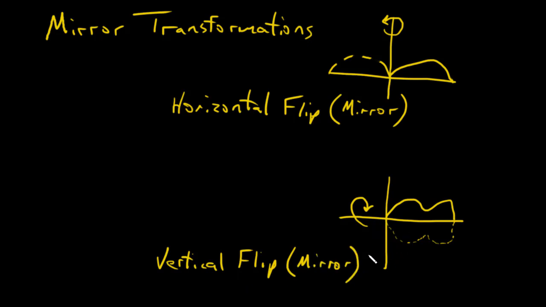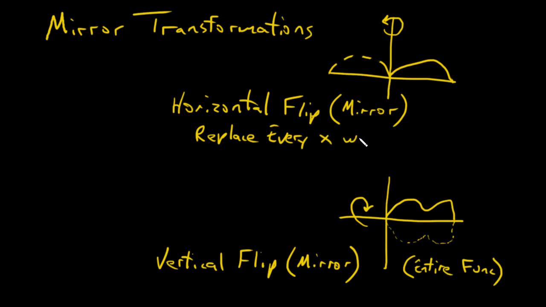So, like we had before, the vertical flip is going to be the entire function in parentheses, and then you apply the transformation. But the horizontal one is going to be replace every x with the transformation, whatever it is, okay?